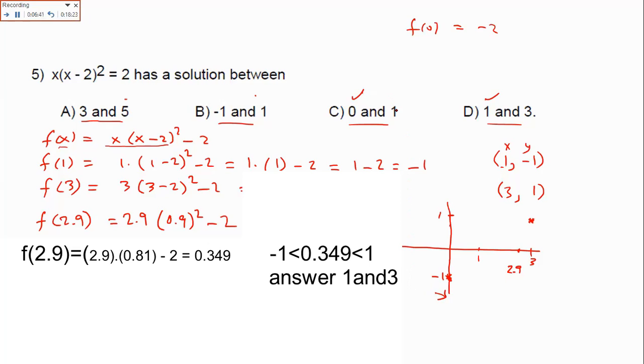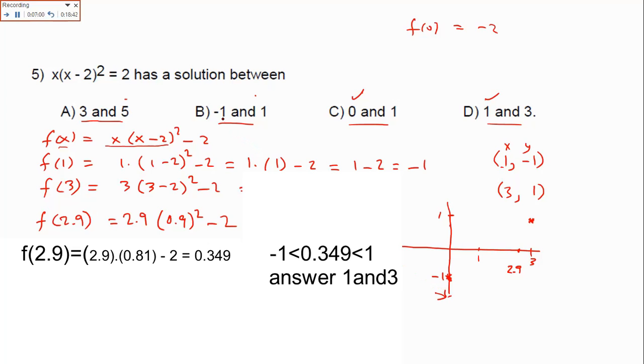You can try 1. Okay? -2 and 1, right? And we already know what f of 1 is. It is -1. So between -2 and -1, no, it's not going to work.